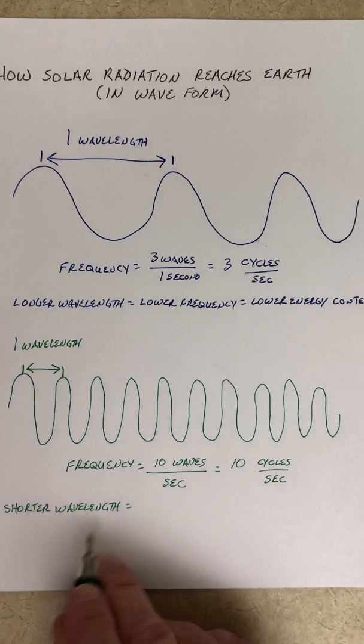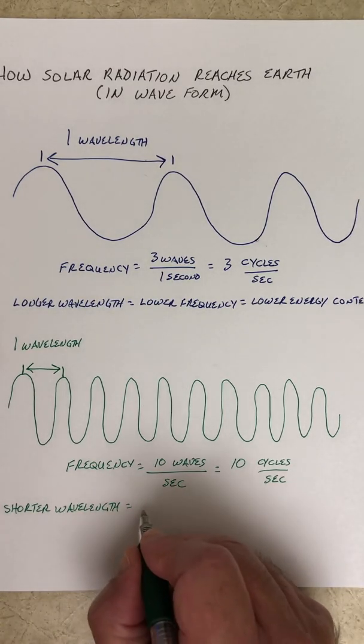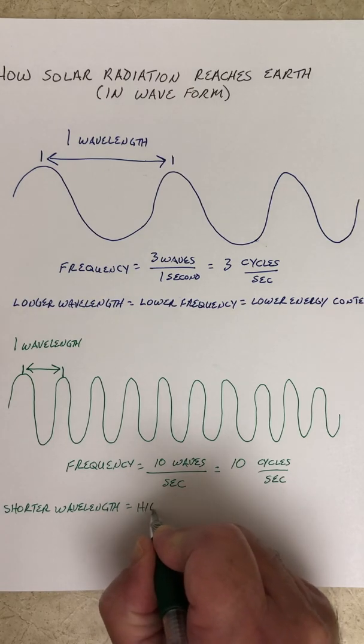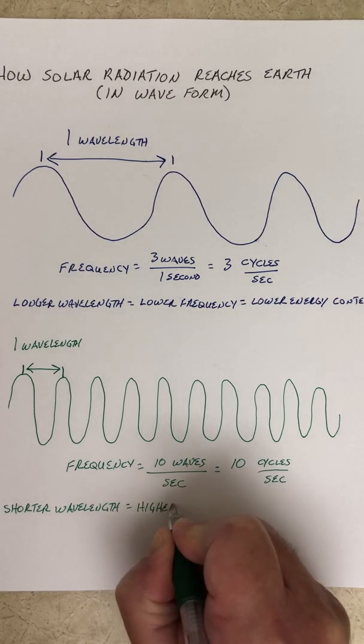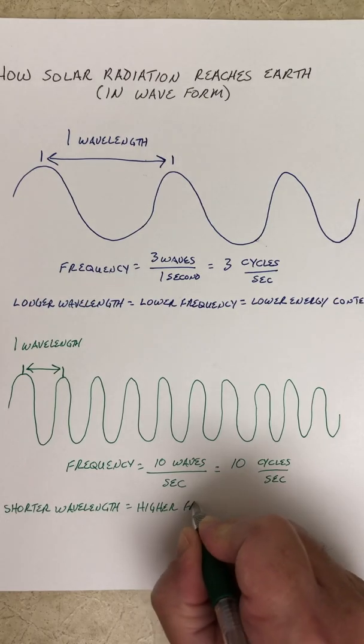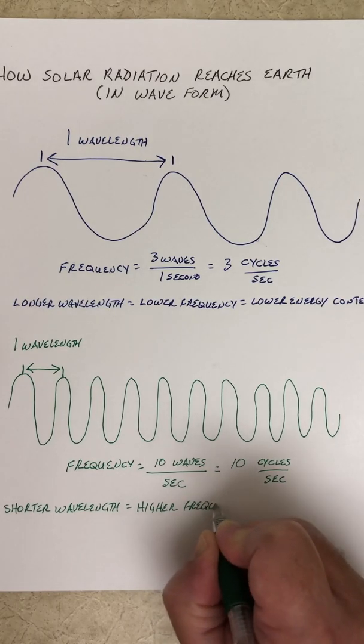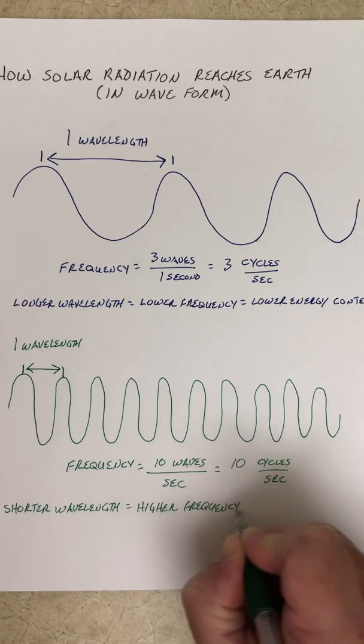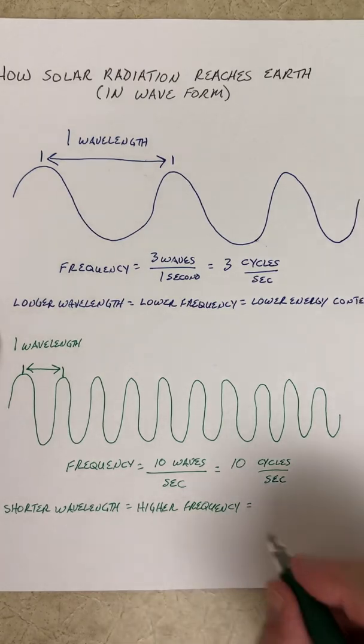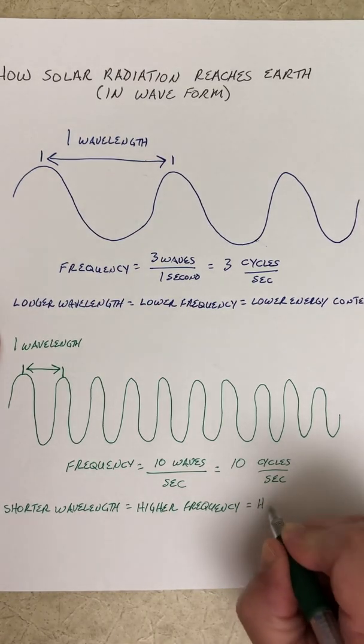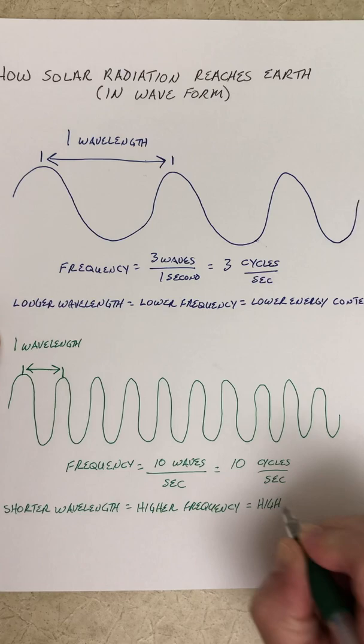So a shorter wavelength translates to a higher frequency, and a higher frequency means that this radiation has a higher energy content.